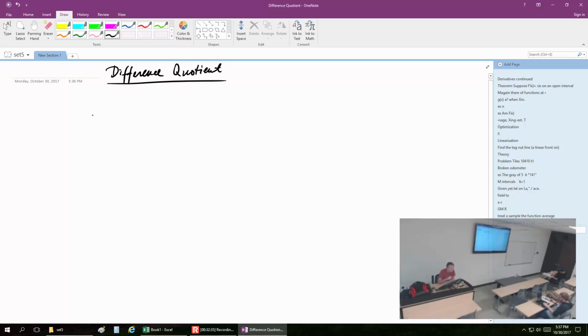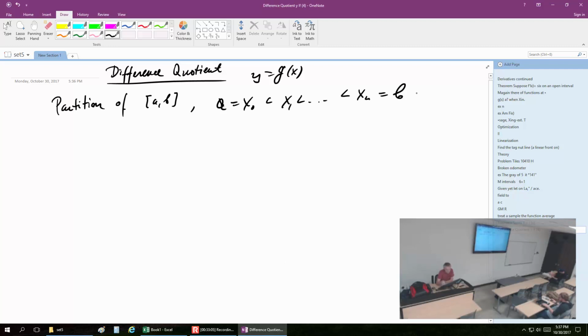The setup is similar. Once again, we have a partition of the interval [a, b] first. We have y equal f of x, or let's call it g of x, because we are doing different things to different functions. So a is equal to x naught, x1, up to xn, which is b.